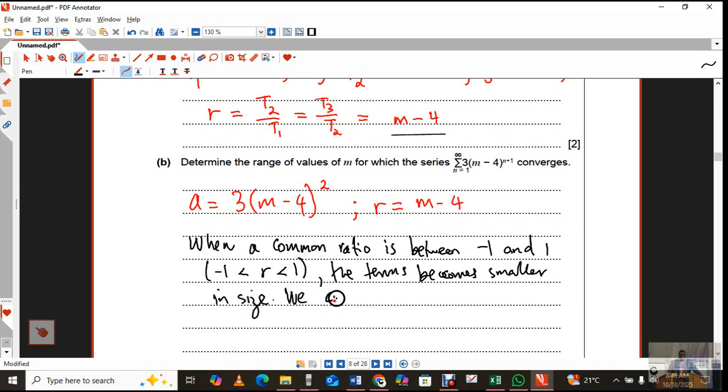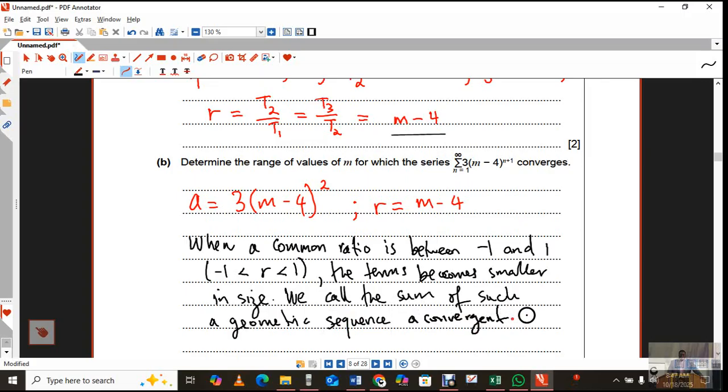We call the sum of such a geometric sequence a convergent sum.